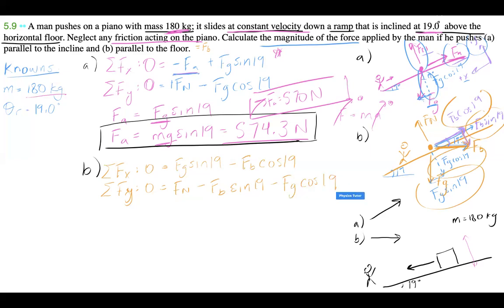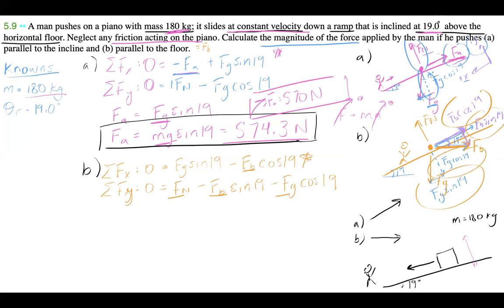Okay. And what we want to do is isolate for FB. So again, we have Fn is unknown, and then we have FB here and we have FG. So we don't want to deal with two unknowns. We just want to deal with one unknown. So this statement over here, one statement, one unknown, so we can just isolate and solve for FB.